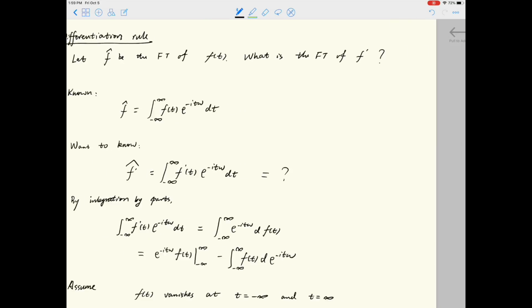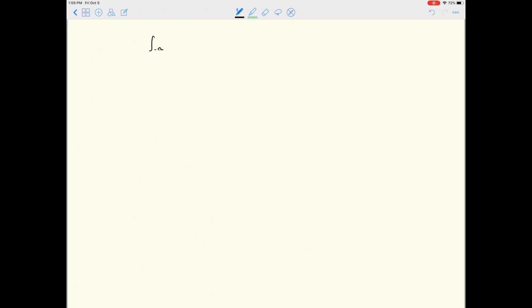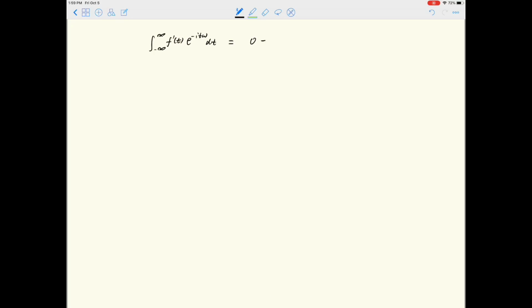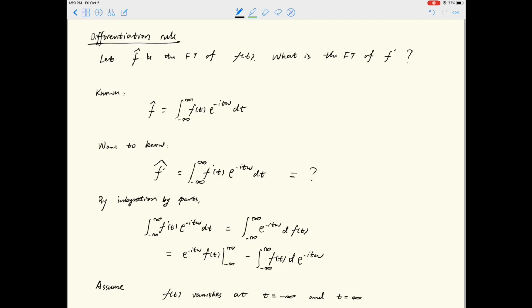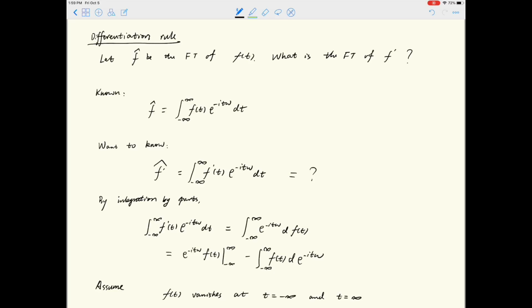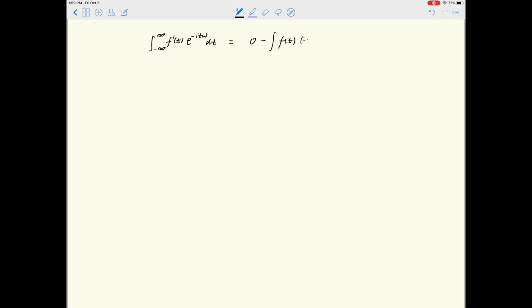So the integral of f prime(t) e to the minus i t omega dt then equals 0 minus here f(t), and the derivative of this exponential function gave us minus i omega e to the minus i t omega dt.